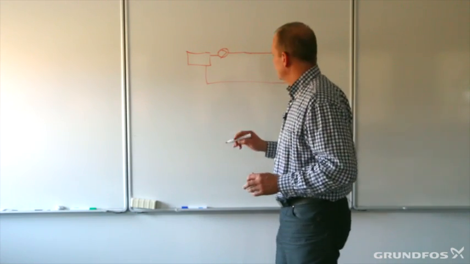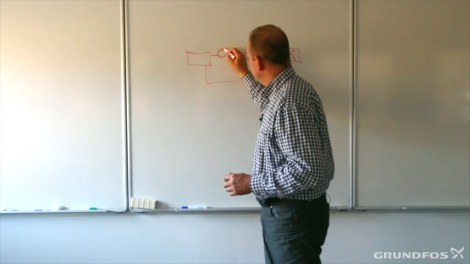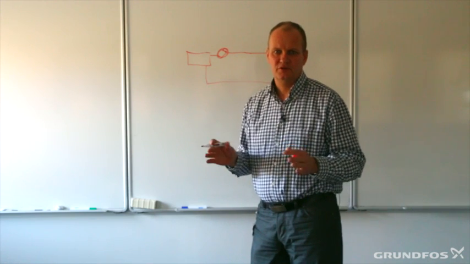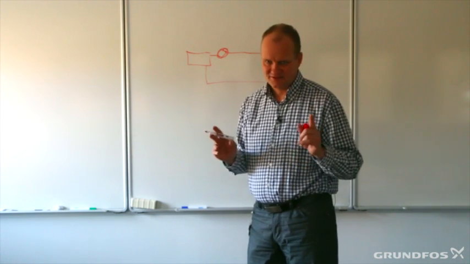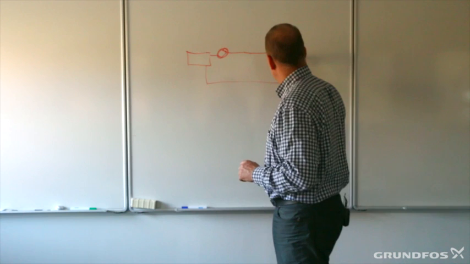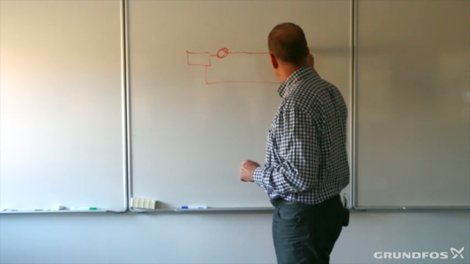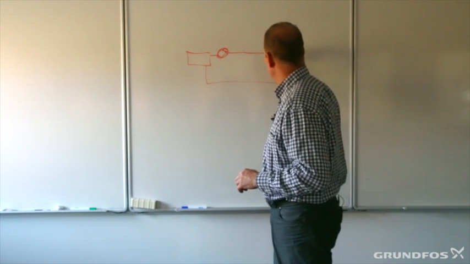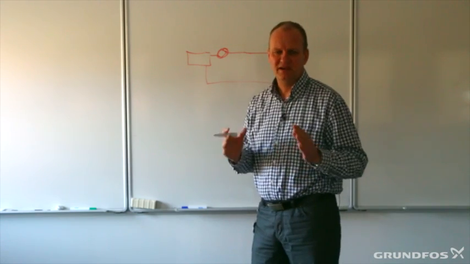But actually, typically people tell us that, okay, the pump is the only piece of equipment which is determining the flow in the system. But that's not the case, because when we have a radiator or air handling unit or whatever we have in the system, we always have some kind of dynamic valves.